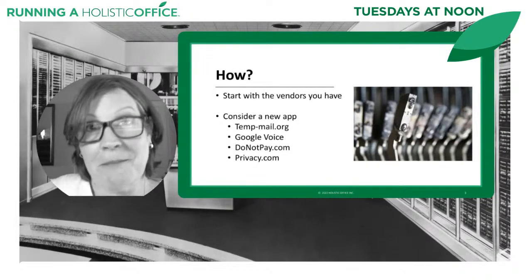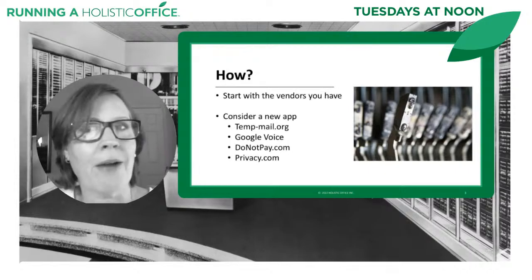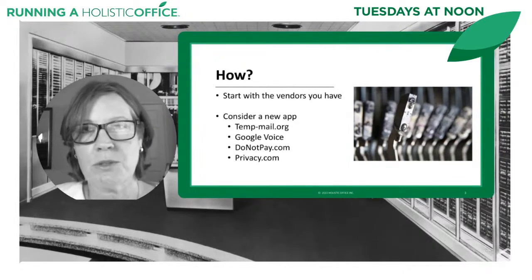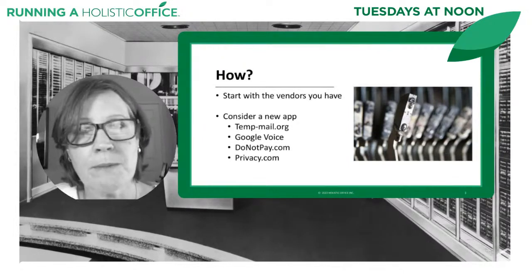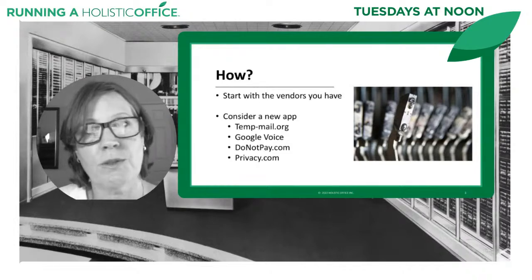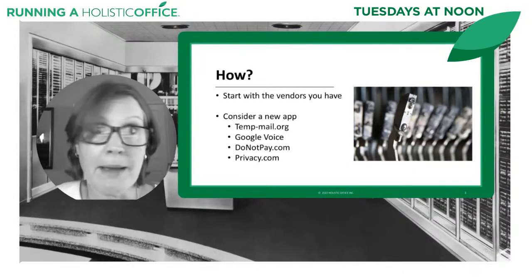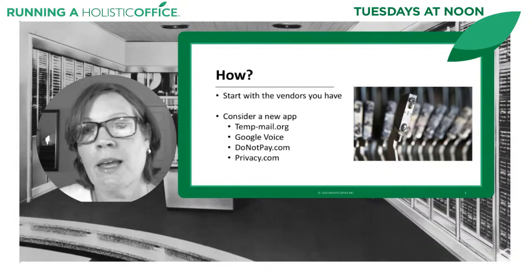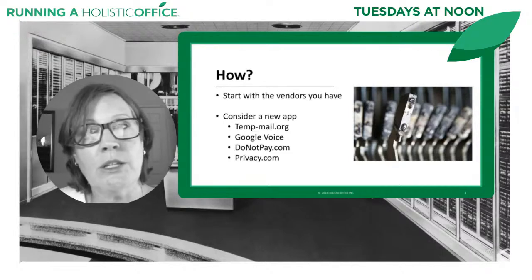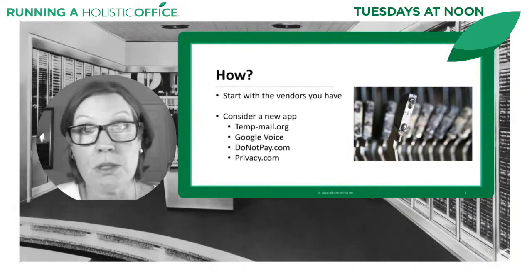It works, but sometimes it's a lot easier if you can just sweep that right into another account. Like with Office 365, which I really like, they have these sweep rules. If you make an alias email, like Kristen subscriptions at myholisticoffice.com, that's the email you would use to set up any new subscriptions, right?